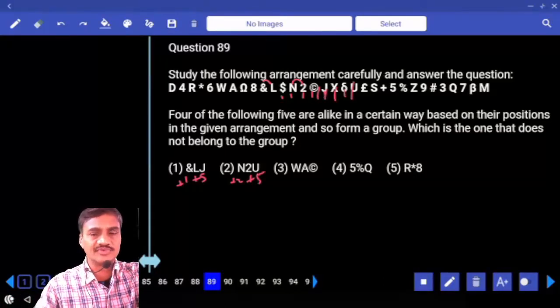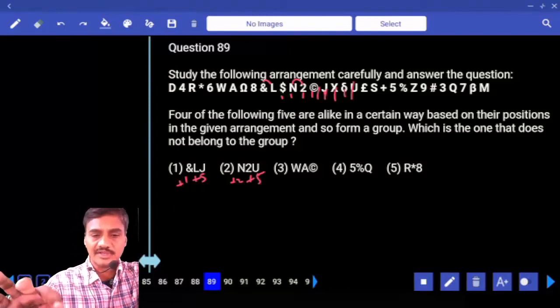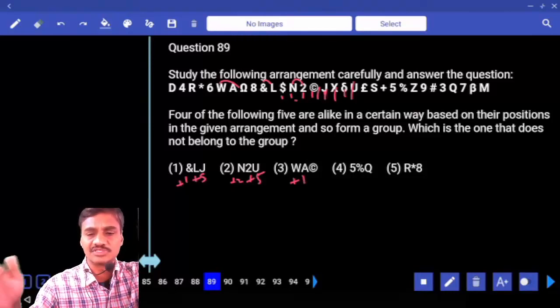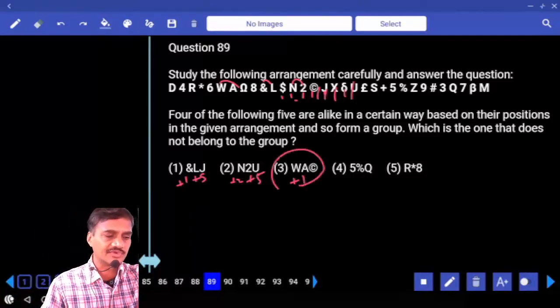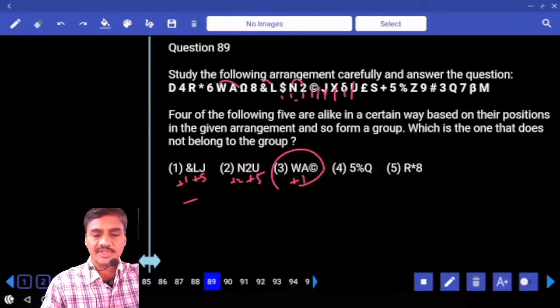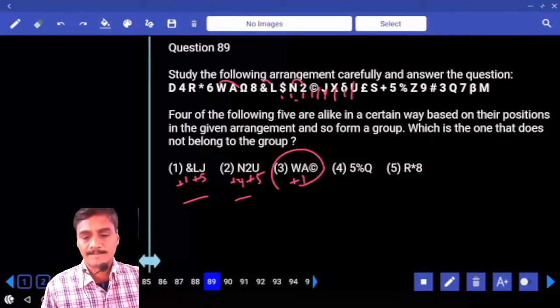In the last pair the difference does not follow this pattern, so choice 3 is the odd one. Except for choice 3, the differences in the remaining are 1, 5, 1, 5, 1, 5.